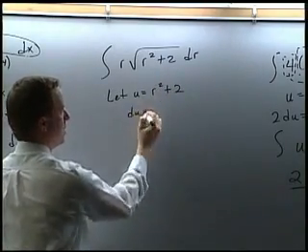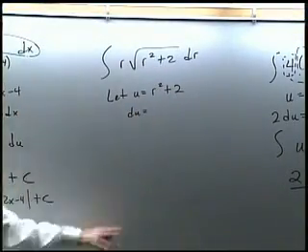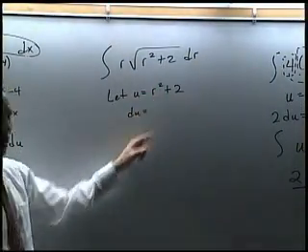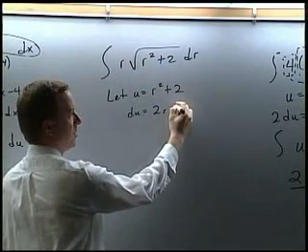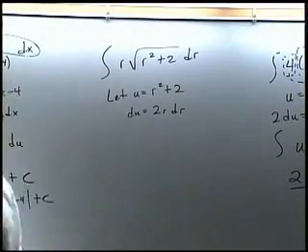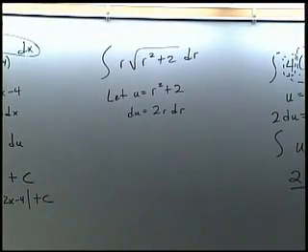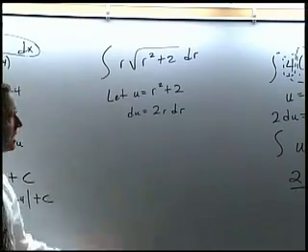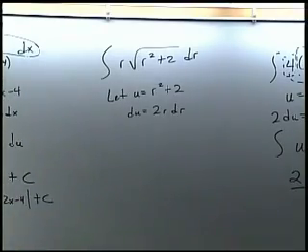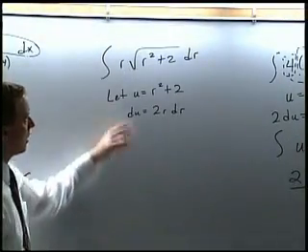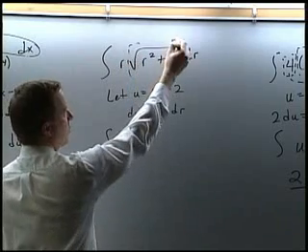And then du equals what? 2r times dr. So this is 2r dr. Now I start to look to make substitutions. I try to match stuff up here. When I'm changing this over, I'll start with the more complicated piece first.